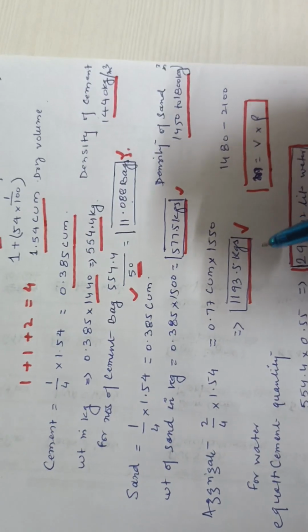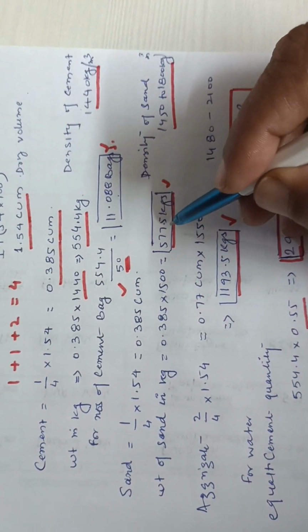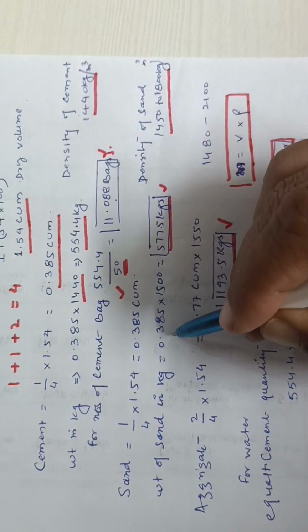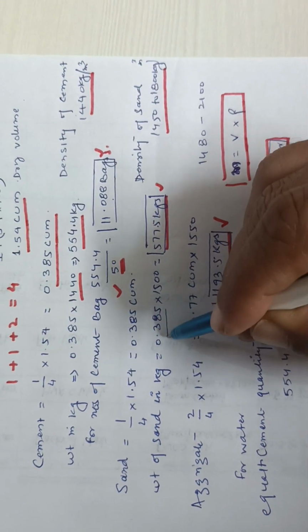The second thing is sand. The volume available with us is 0.385 cubic meter.